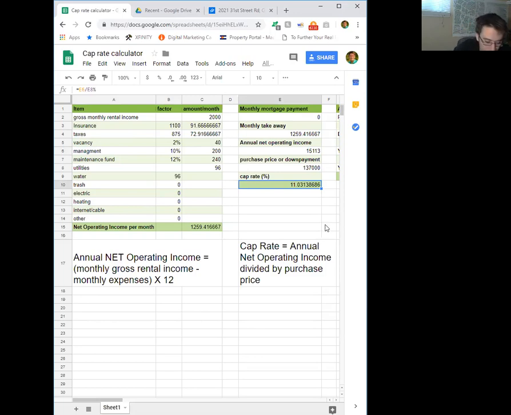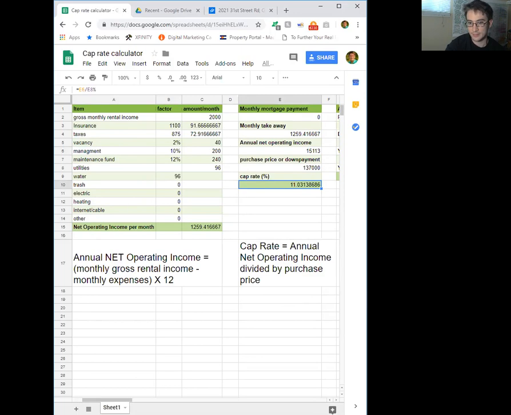When you're doing your research for an investment property, it's also good to use your cap rate number with your debt coverage ratio. Your debt coverage ratio is the number that shows you how much of your debt you have covered from your income on the property.